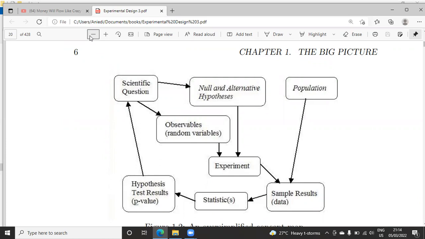Now, what do you think would be the null hypothesis? Because you have already picked the data you want. You have given a range of data. So what will be your null hypothesis?